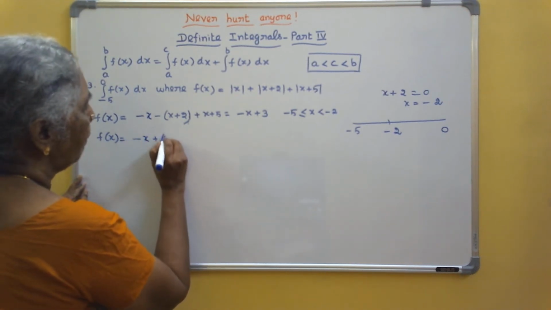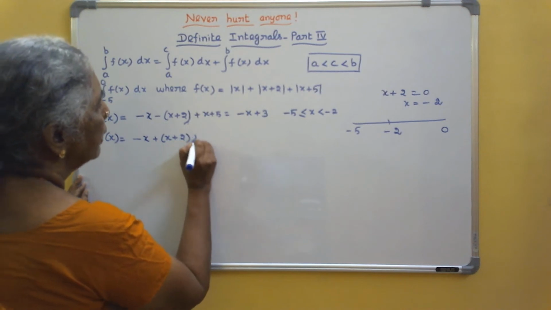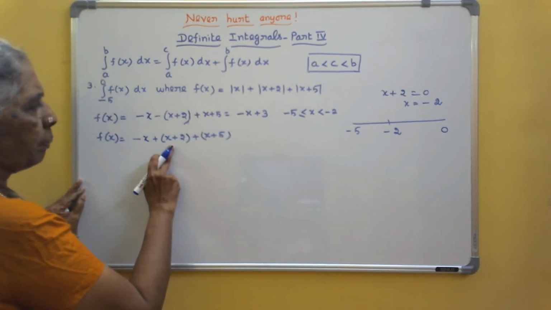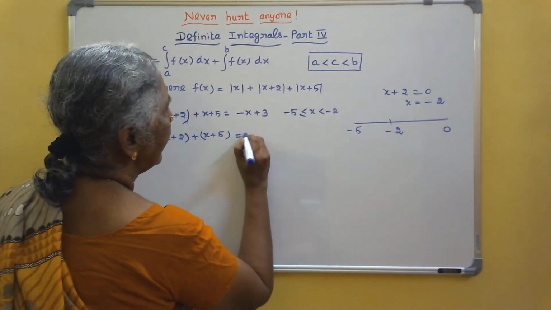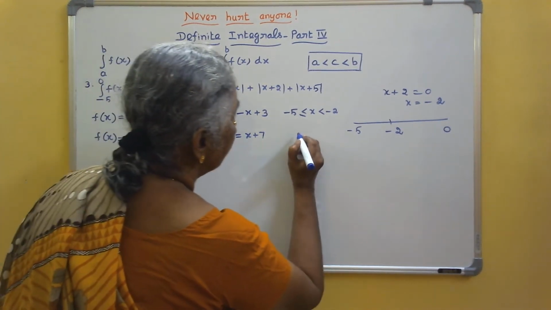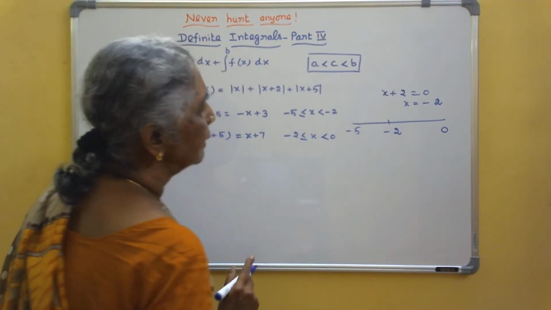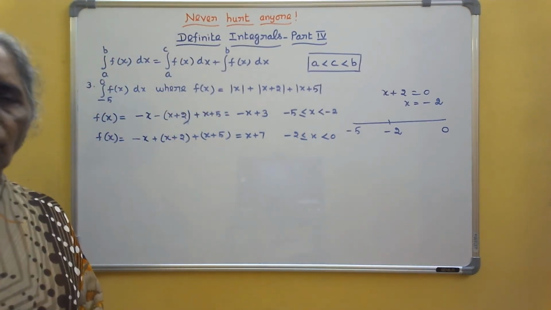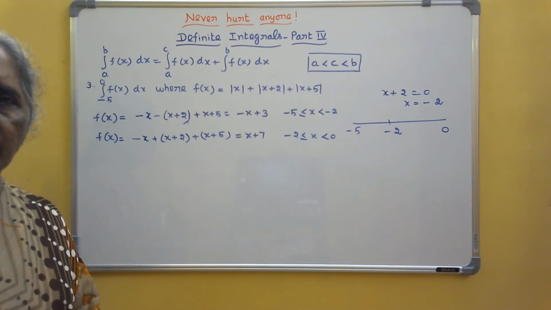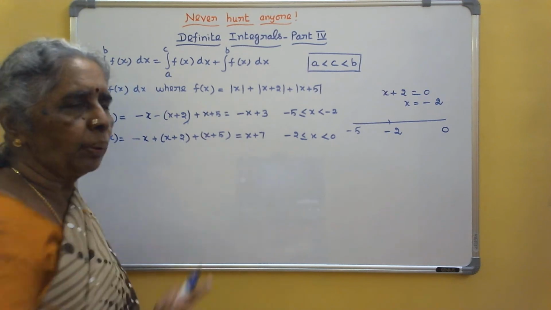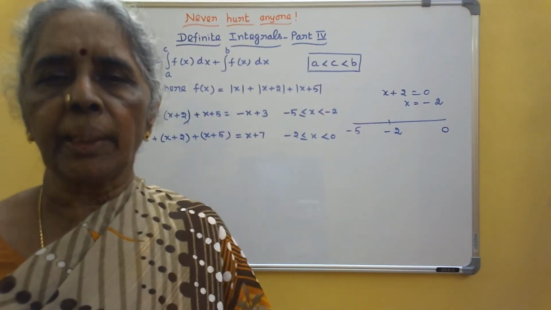Then you will get plus x plus 2. Then plus x plus 5. So, minus x and plus x will go. You will be getting x plus 7. That is when minus 2 less than or equal to x less than 0. Do you follow this, how to find the f of x? For each interval, you have to consider each modulus, whether it is positive or negative.